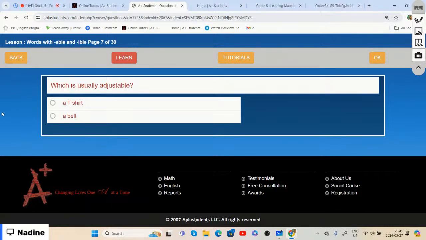Which is more adjustable, that you're able to adjust? Can you adjust a t-shirt, or can you adjust a belt? Something that is more adjustable, that you're able to adjust.